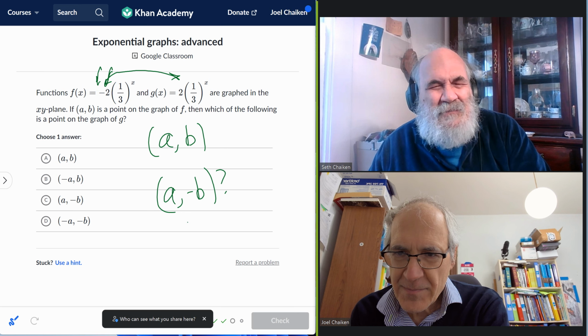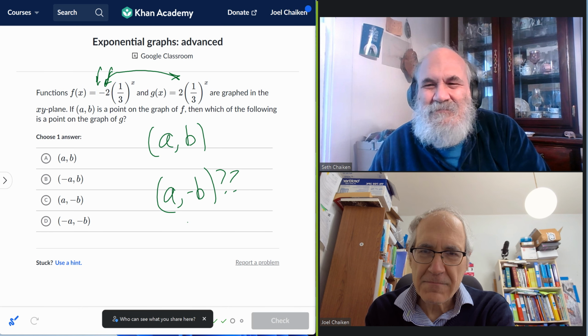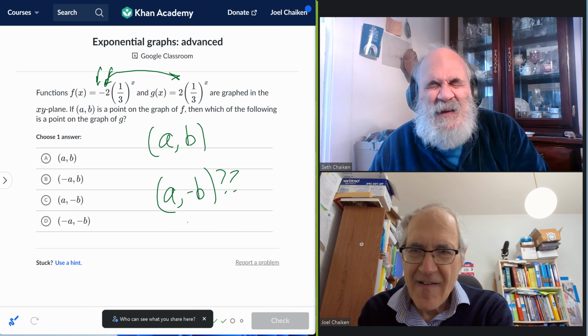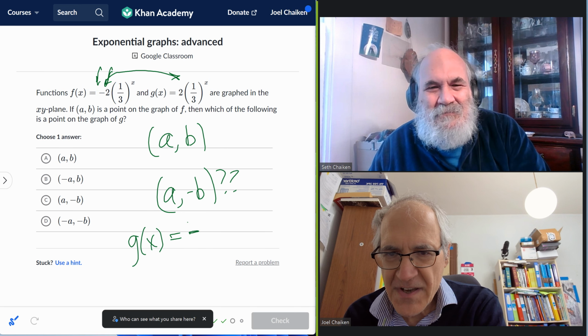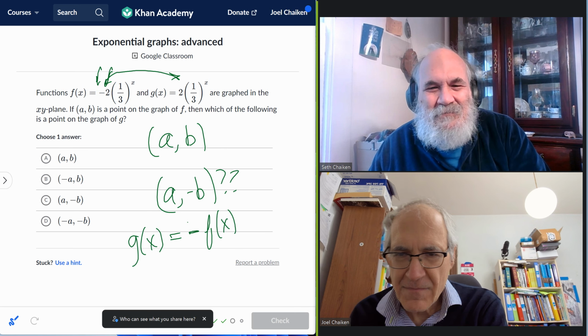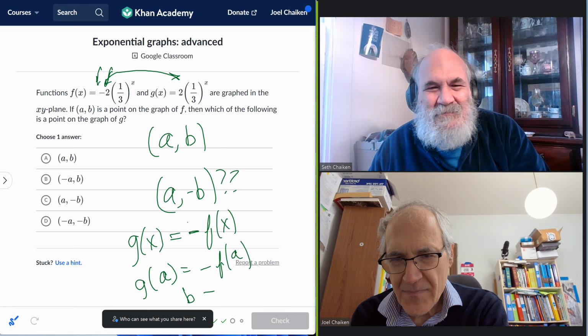So wouldn't it be this? Yeah, right? G of x is equal to the negative of f of x. Which means that G of A is equal to the negative of f of A.